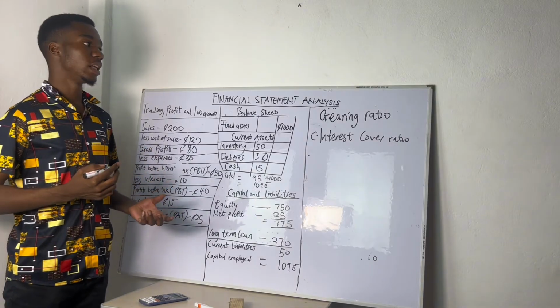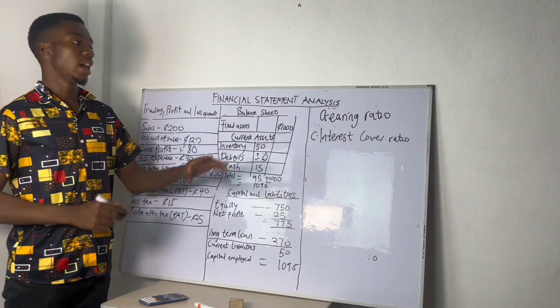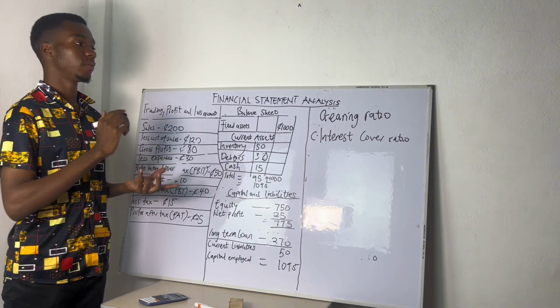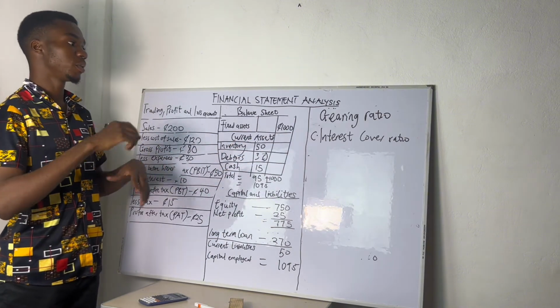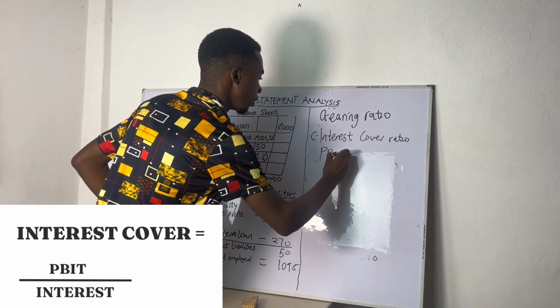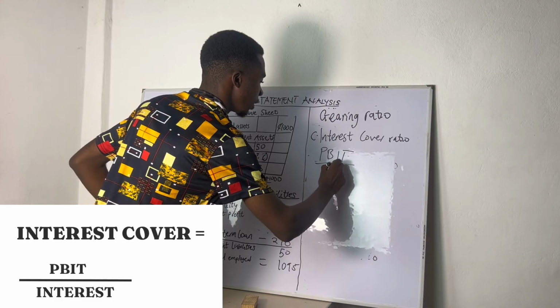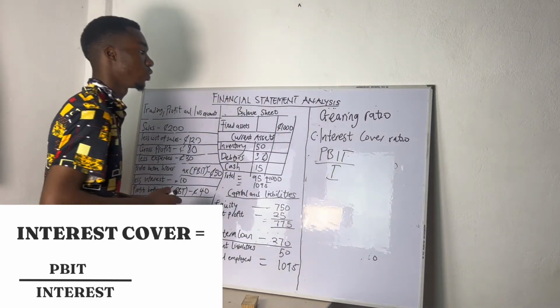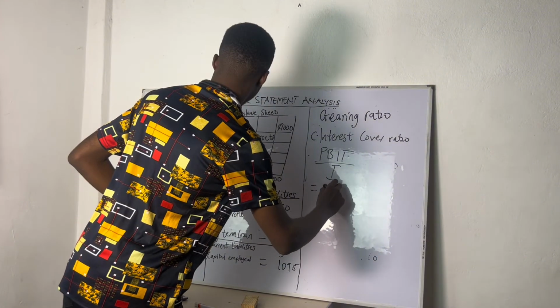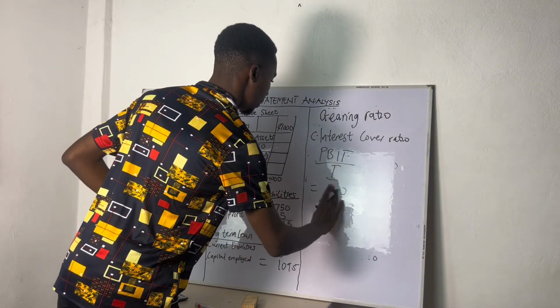So we're going to move on to the last one under the gearing ratio, and it's the interest cover ratio. We've actually spoken about it. It falls under both the profitability ratio and the gearing ratio. We said it is the profit before interest and tax over the interest. So the profit before interest and tax is, sorry, 50.